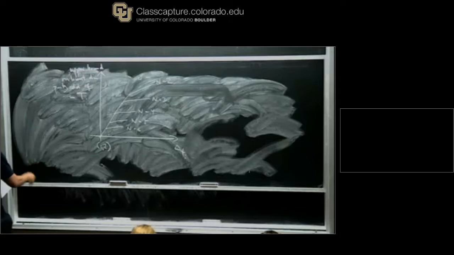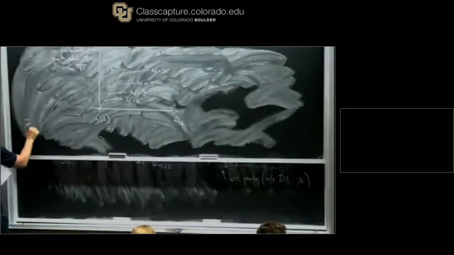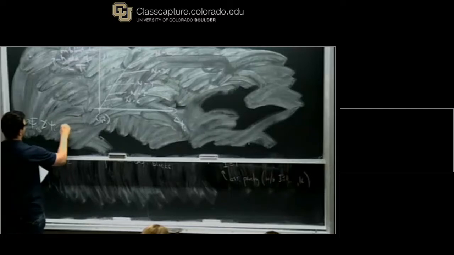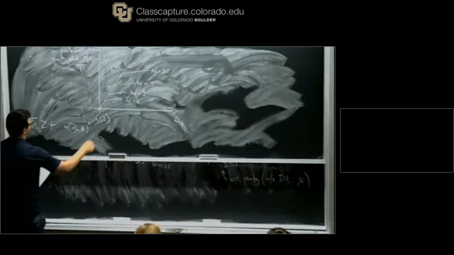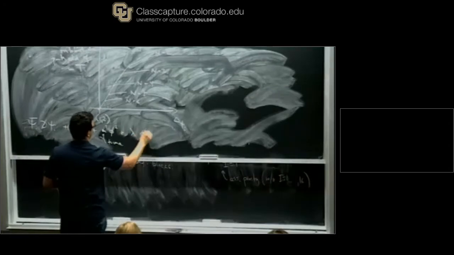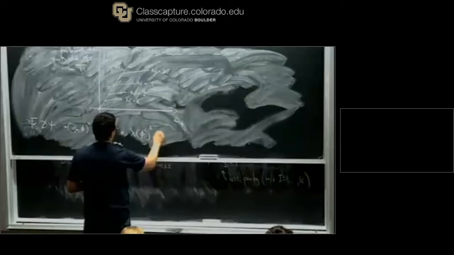So just to remind you, in these Gross-Neveu-Yukawa models the Lagrangian is this: psi I, plus there's a scalar, d mu phi squared. There's a mass term for the scalar that we tune. There's a quartic coupling. And there's a Yukawa coupling.